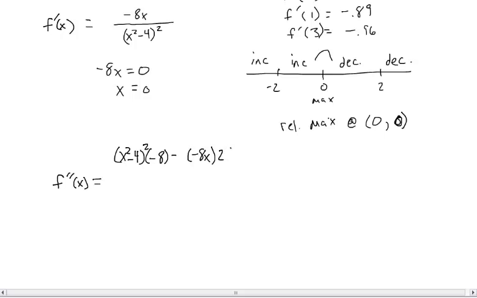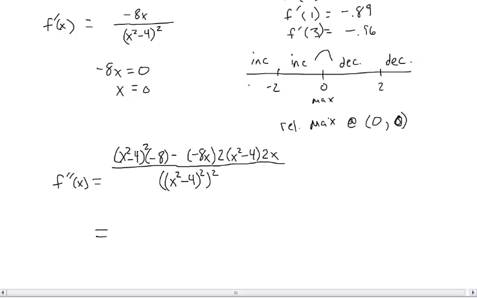So 2 times (x² − 4), subtract 1 from the exponent gives me 1, times the derivative of the inside, which is 2x, all divided by (x² − 4)² squared.